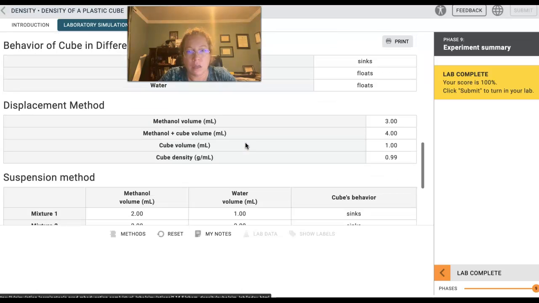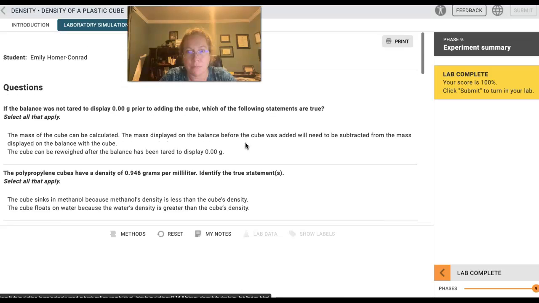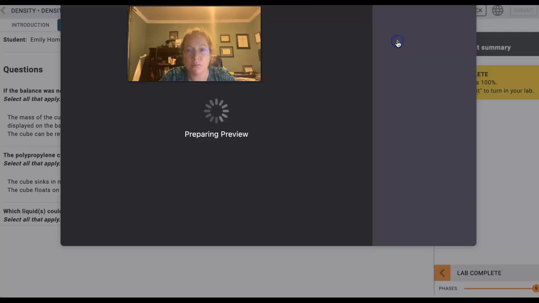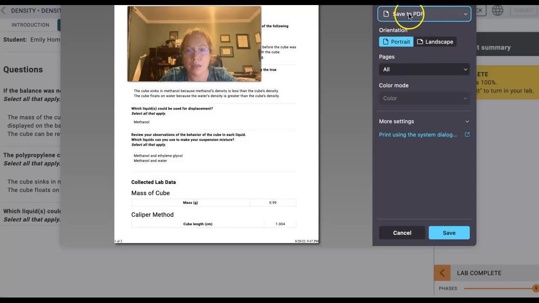All right, and there's our lab. Now remember, when you're done, you want to click up here to print and make sure it's saved to PDF and click save, whatever drive you want to put it in, just to make sure you've got that recorded on your end. Just to make sure that there is nothing wrong with your sign-in or whatnot.